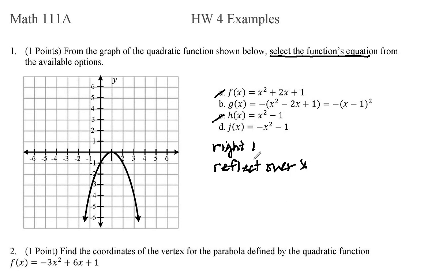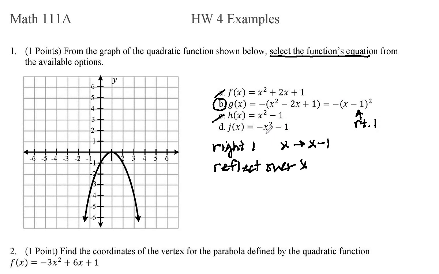So if you shift it to the right one, that means that you're replacing x with x minus 1 on the inside. So this is negative x squared, and this is the negative x minus 1 squared. So this x minus 1, that is a right shift of 1. And then this negative flips it upside down. So it's got to be choice B.